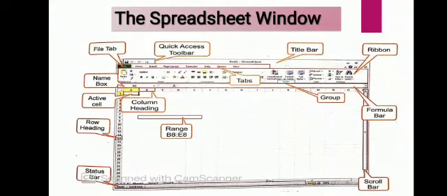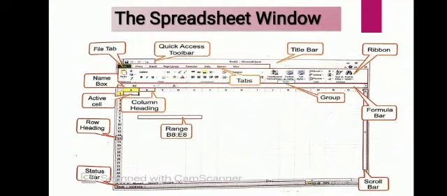Next is the formula bar. The formula bar displays information entered or being entered as you type in the current or active cell. The content of the cell can also be edited in the formula bar. See, in the formula bar it is given where fx is written.